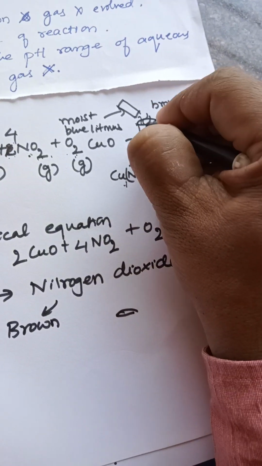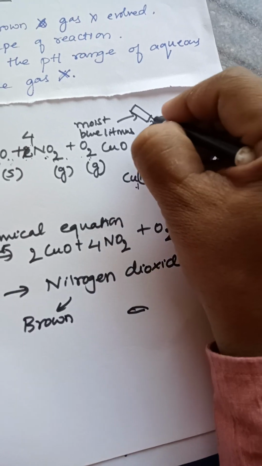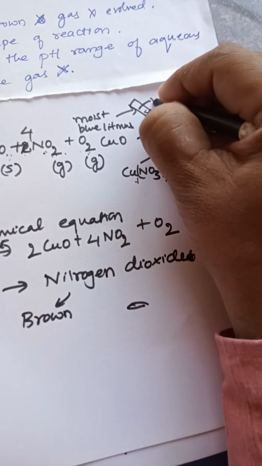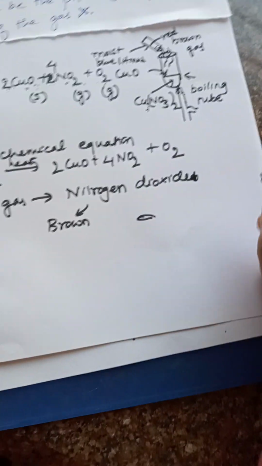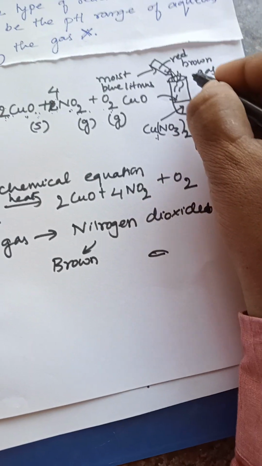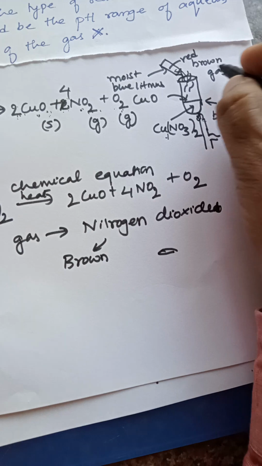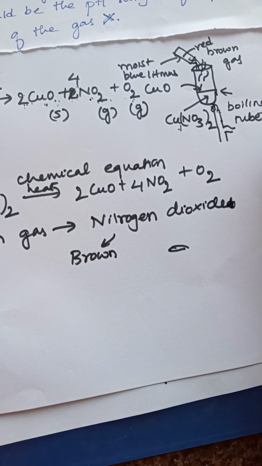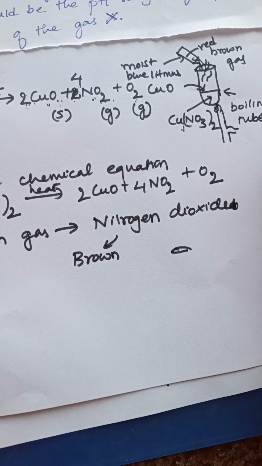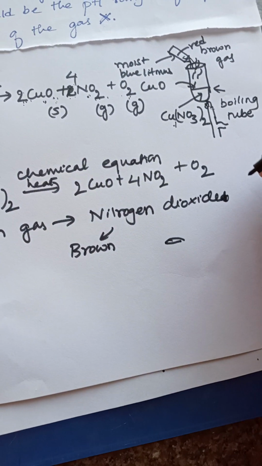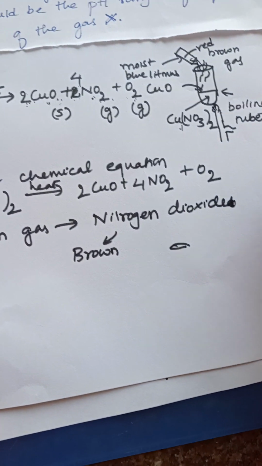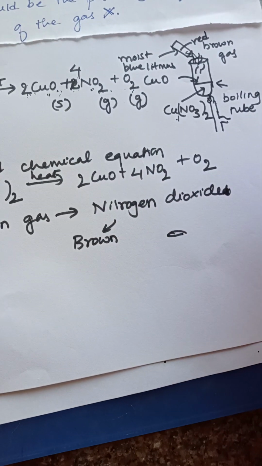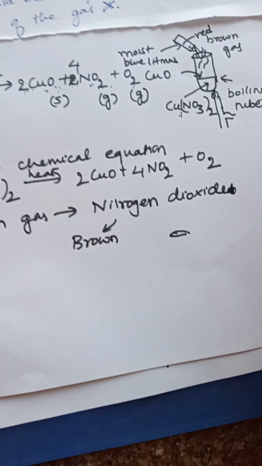So when this gas evolved in this reaction comes in contact with this moist blue litmus paper, it will turn red, confirming that the gas is an acidic gas. And we know that the non-metallic oxides like nitrogen oxide or nitrogen dioxide are acidic in nature. So in this way we can confirm that the gas is nitrogen dioxide also.